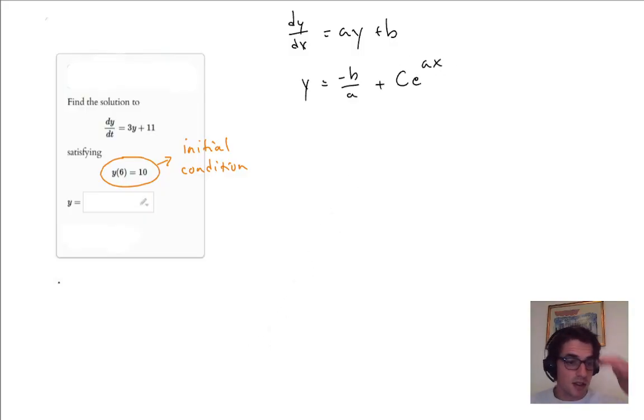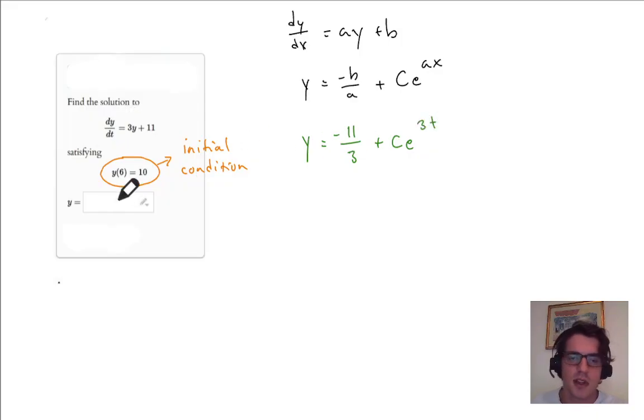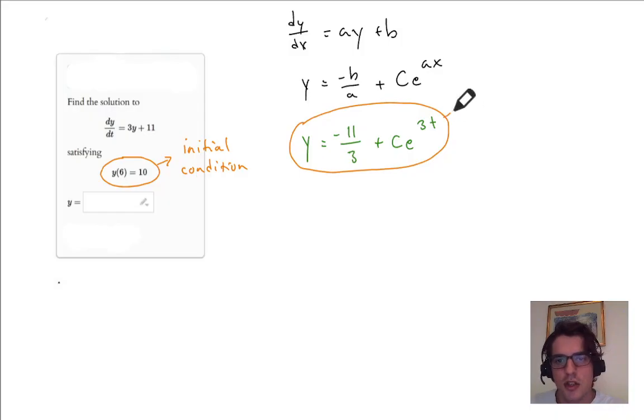So in this case, we find that our solution here would be 3 is A, 11 is B. So y equals negative 11 over 3 plus c e to the 3, not x, but t in this case. Okay, and this is a solution. We would call this the general solution.